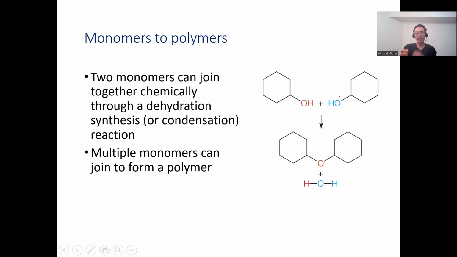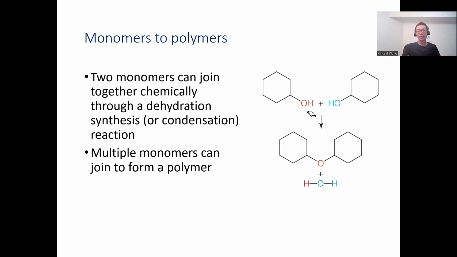When we want to connect these two things together, we can use a process called dehydration synthesis, or sometimes called a condensation reaction. When you dehydrate something, or when there is condensation, it means water comes out.